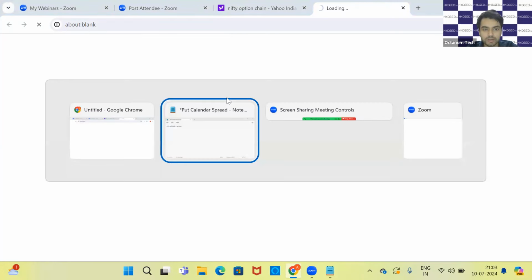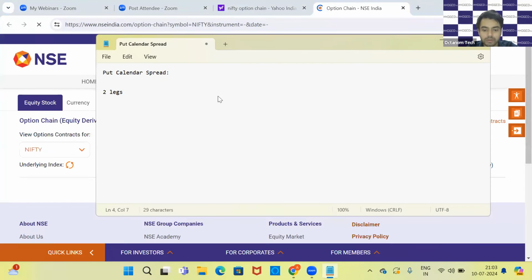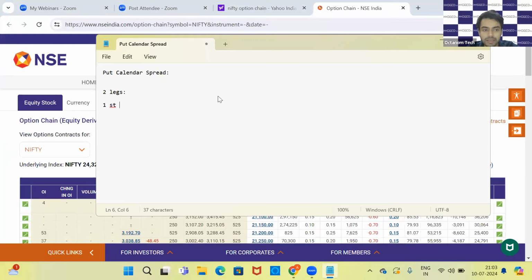So before constructing a trade, I'll just explain for those who do not know what a put calendar is. In a put calendar, it involves two legs. Now the first leg is the buying leg. So you buy a put option.